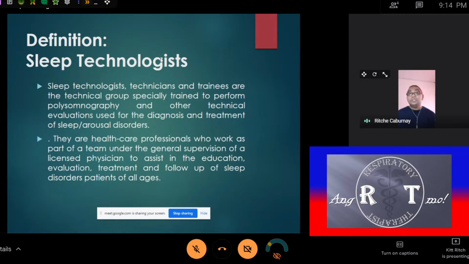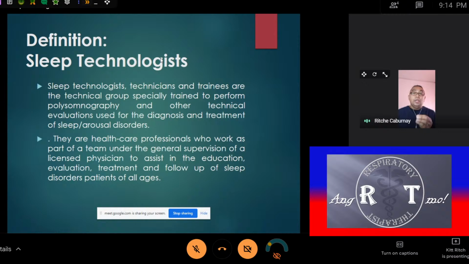They say that sleep technicians are in charge of putting on all of the electrodes and preparing the patient. The sleep technologists also do that. Aside from that, the sleep technologists also do the scoring of the sleep studies. They're also dealing with providing the intervention or treatment of CPAP to our patients with obstructive sleep apnea. And actually, that's the difference between the two.